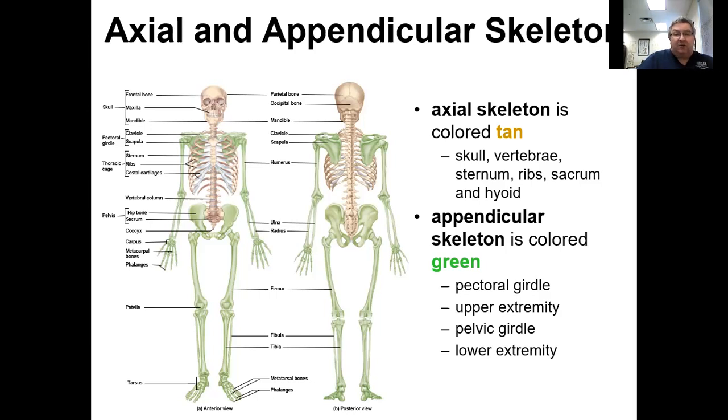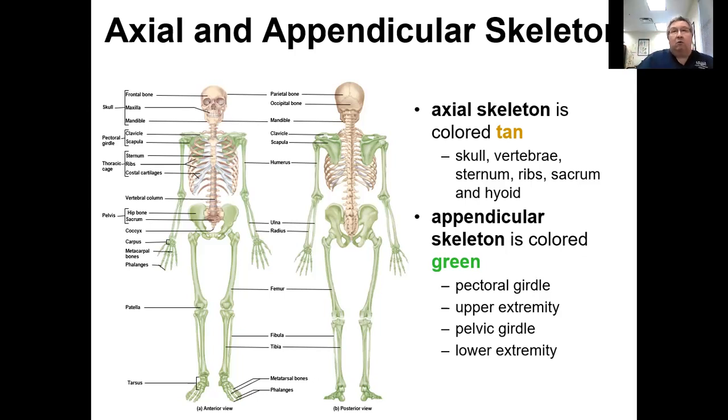The appendicular skeleton is basically your arms and your legs. These parts are colored in green. So like I said, the pectoral girdle, the upper extremity, the pelvic girdle, and the lower extremity. So with these two pictures, you get to see how these bones are all together. Getting an idea of where they're at is really, really important.